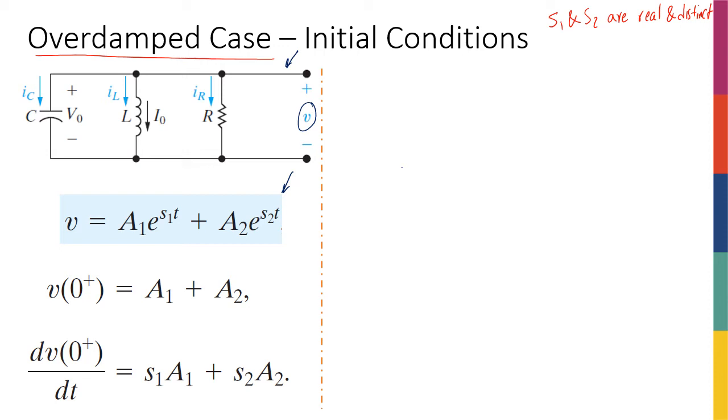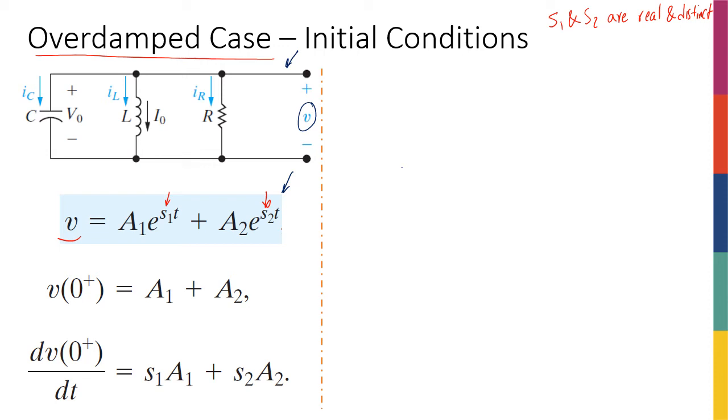That's very important for the steps we do here, and in a couple of slides you're going to see what happens if I have them as imaginary numbers. So the solution is V equal to this, and S1 and S2 are based on the values of R, L, and C. Everything is known except for A1 and A2, and we wanted to find these two coefficients.